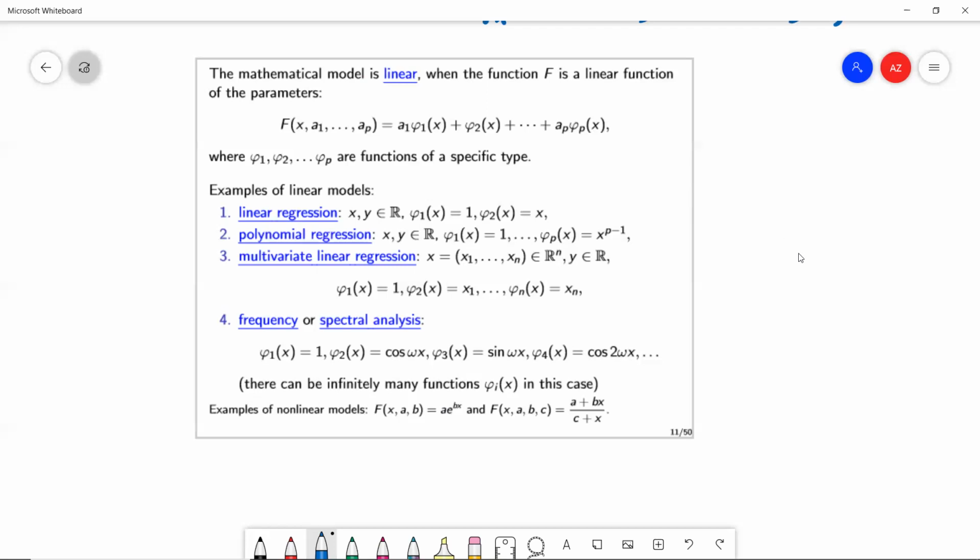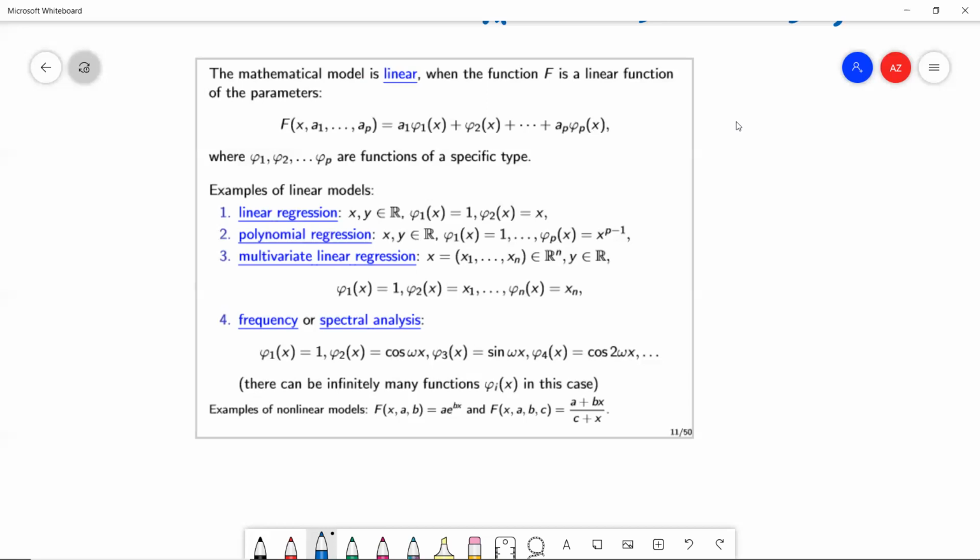Okay, are there any questions? So if we use the example with phi's on the example of the linear regression we did, phi 1 would be 1, so that would correspond to b in the equation, and phi 2 is x, so ax.